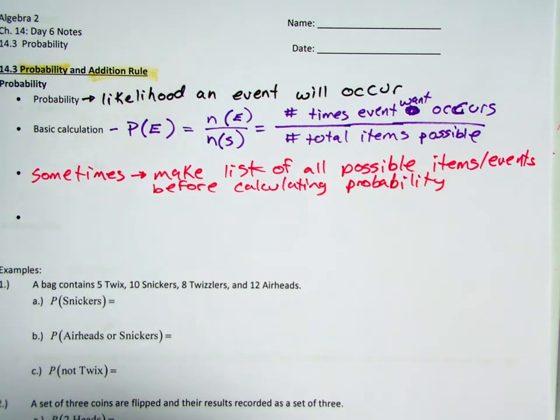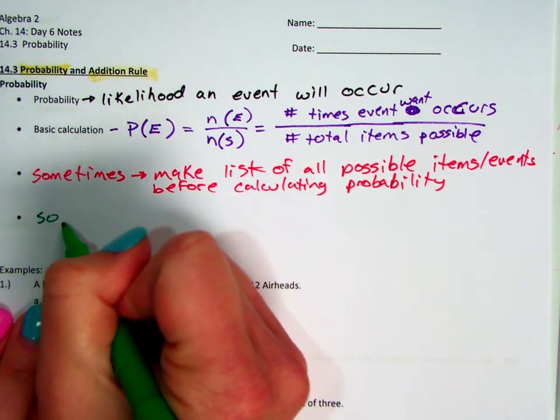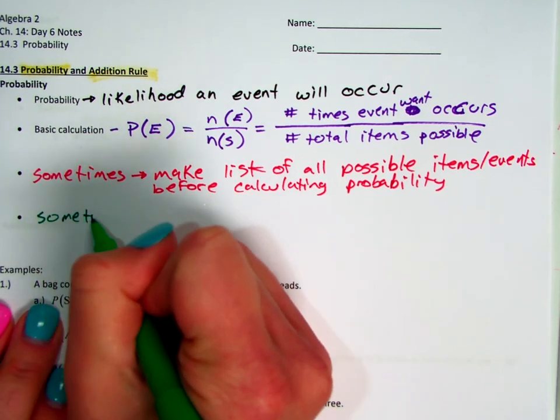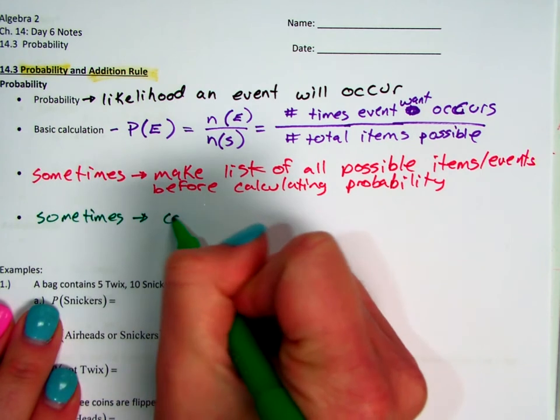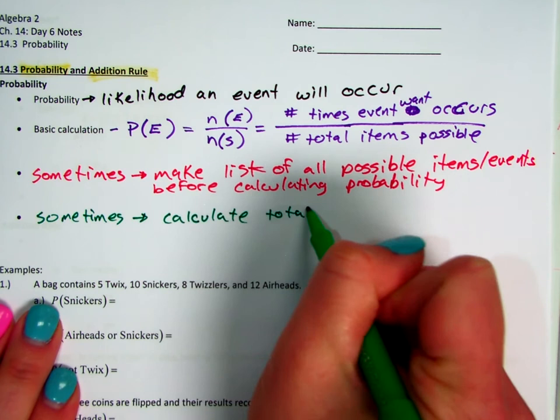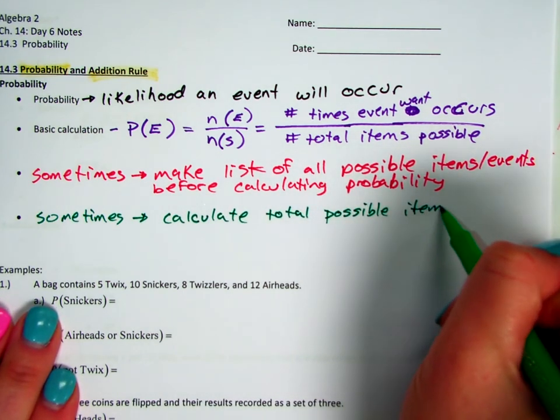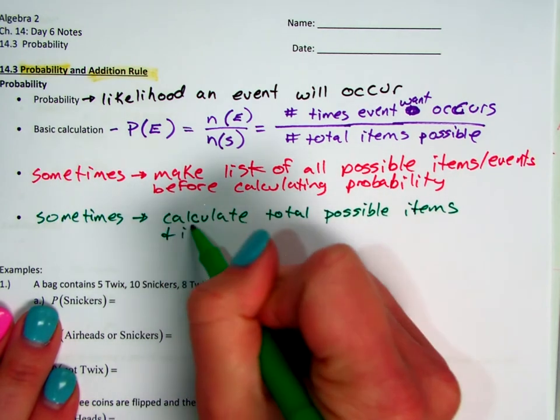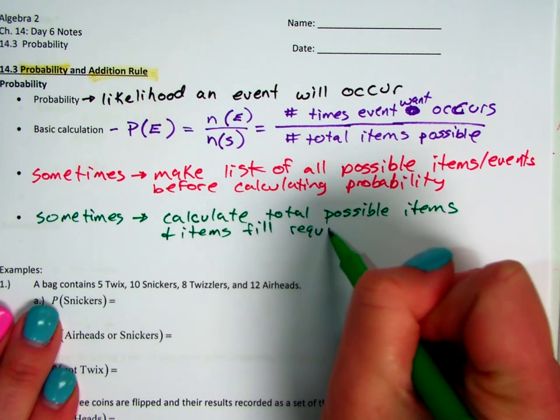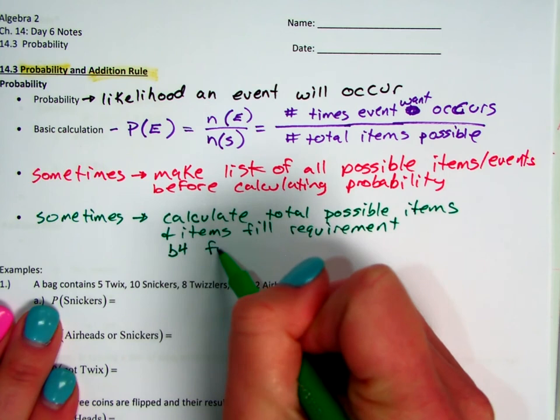Sometimes you can calculate the total possible items and items that fill the space before calculating probability. So sometimes you'll have to calculate the total possible items and items that fill the requirement first, before you find probability.